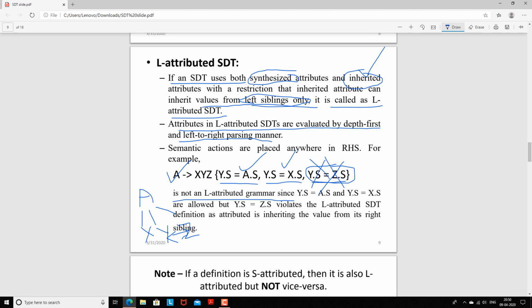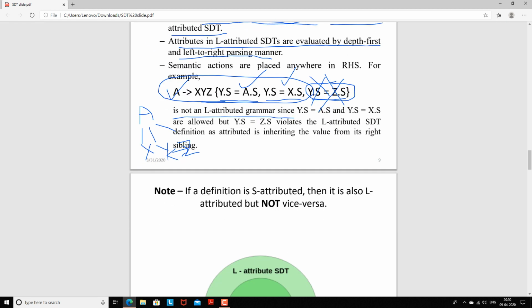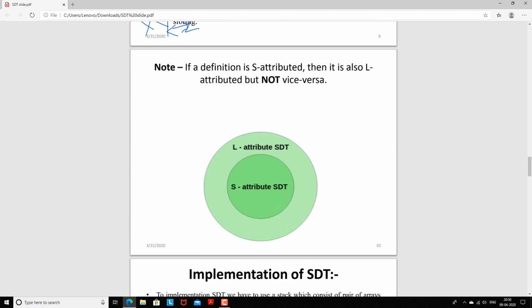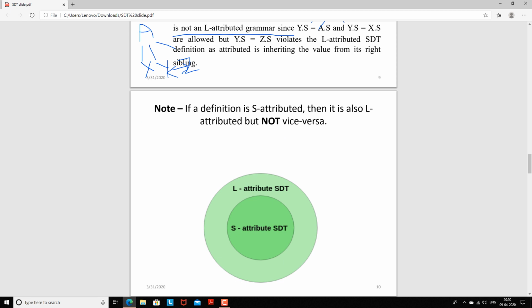If we remove this rule, then the overall SDT is known as L attributed SDT, otherwise it is a normal SDT. Here you can see the set of L attributed SDT and S attributed SDT, and you can easily observe that if a definition is S attributed SDT, then it is also L attributed, but not vice versa.